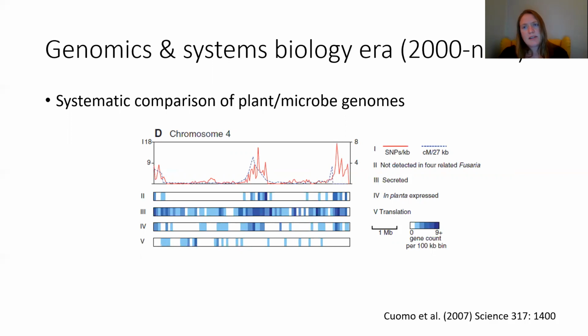Okay, so we were basically able to understand a lot of the mechanisms underlying disease resistance through those types of approaches. But currently, we're in the genomics and systems biology era, and we still use those previous approaches, but we've added in a couple of new approaches because of the availability of genomic sequencing and the availability of bioinformatic tools that allow us to combine large data sets.